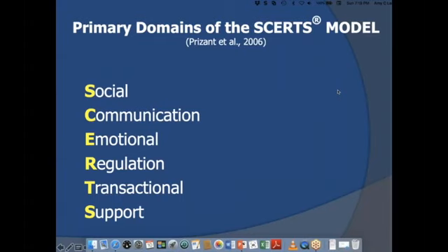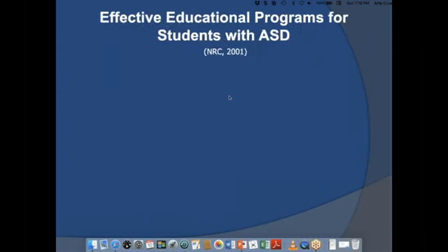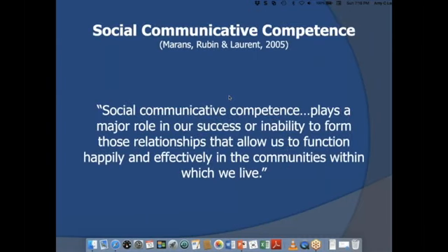Okay, so we now know a little bit about SCERTS. When we talk about SCERTS and this idea of social communication, emotional regulation, and transactional support, those three domains are geared at supporting development in what we consider social communicative competence.